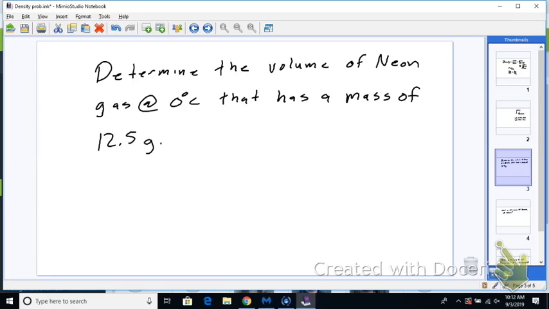And since I'm recording this, I'm going to go ahead and write the density of neon up here. You go ahead, I'm going to give you 2 minutes to solve that problem. I want to find the volume of neon.